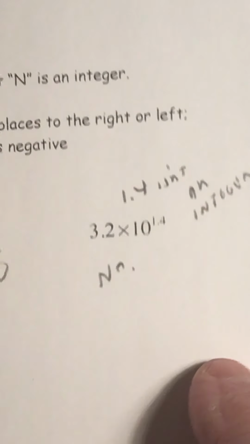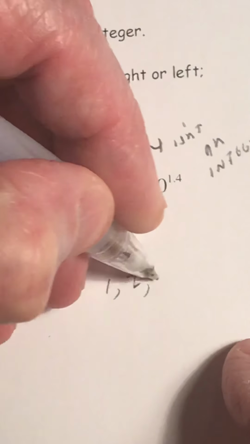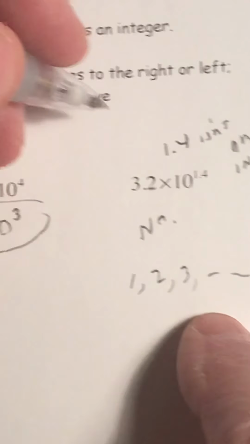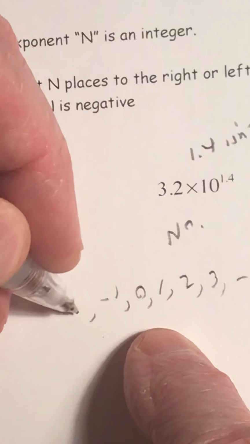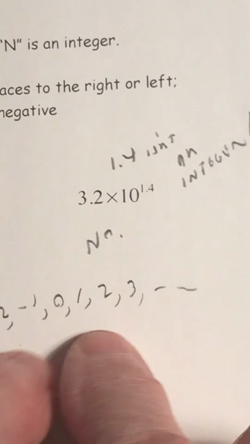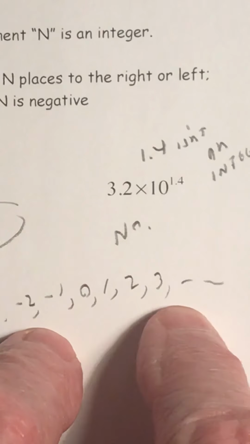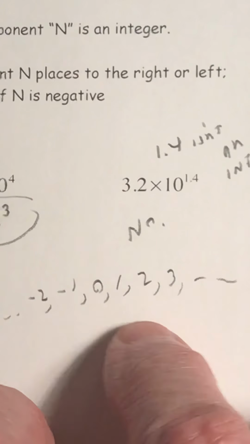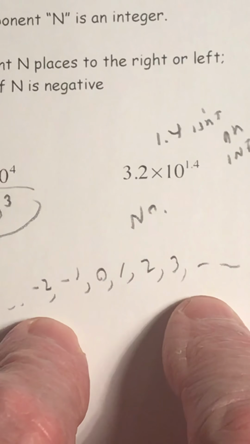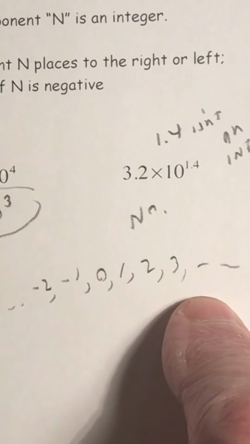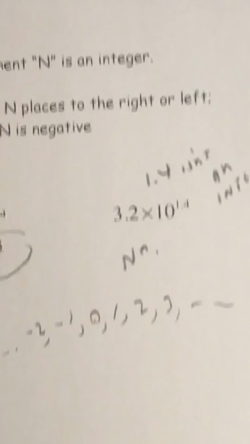Remember, integers are the numbers 1, 2, 3, etc., going forever, and the number 0, and the numbers -1, -2. So these are the integers, the numbers you would count chairs with, and 0, and their opposites. No decimals, no fractions. Okay, that's the end of page 3.